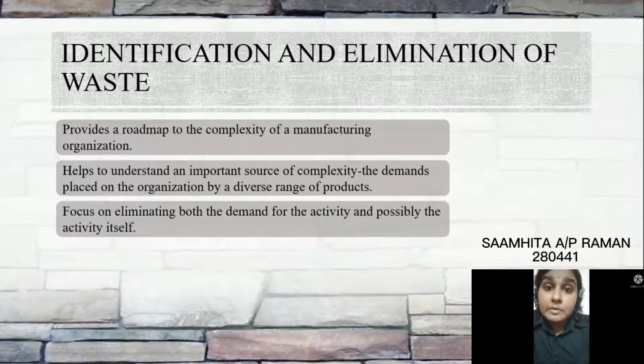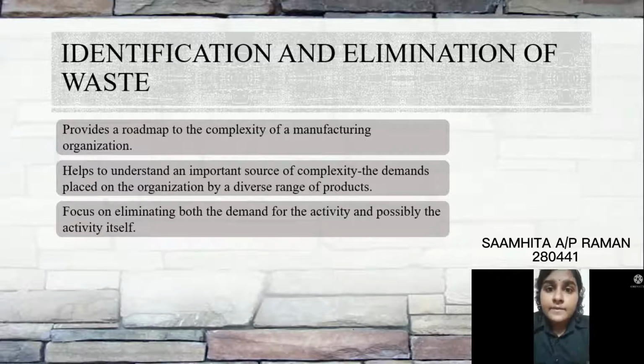By using ABC system in the manufacturing company, waste can be identified and eliminated by the management team. ABC system provides a roadmap to the complexity of a manufacturing organization. It describes and costs the activities being carried out.